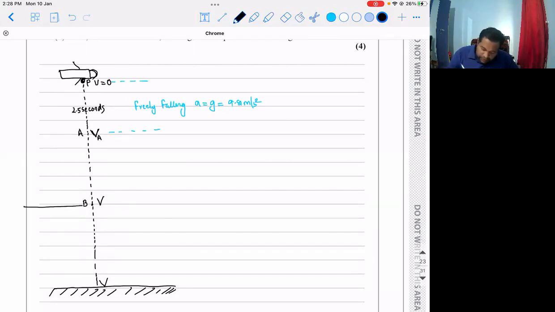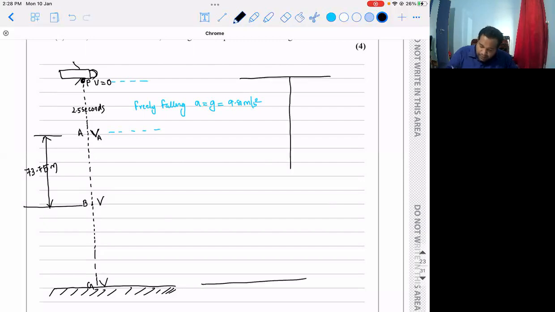But in this A to B section, he traveled 73.75 meters. The total distance between this point and this point is h.